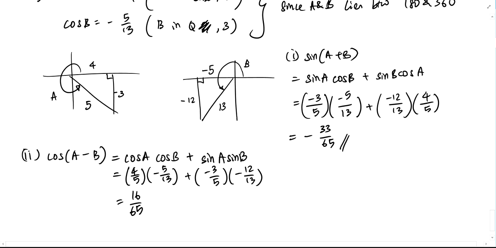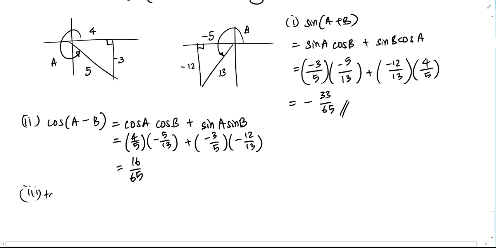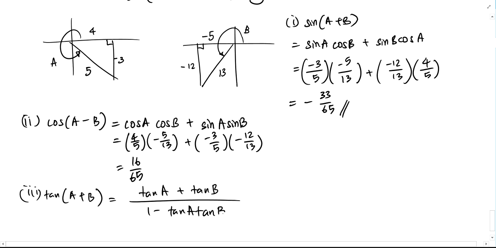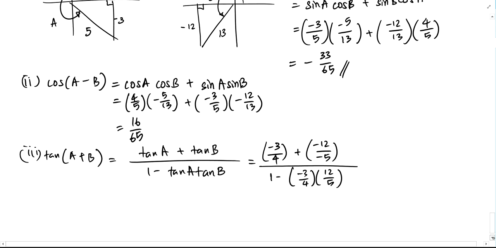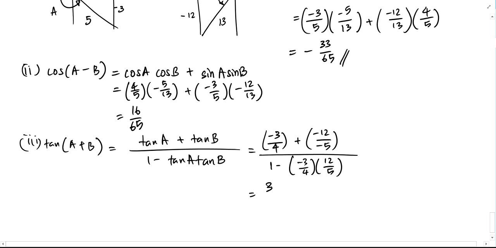And for the third one, tangent A plus B. So tangent A, we follow the sign, plus tangent B over 1 minus tangent A tangent B. So from our triangle, tangent A, the adjacent, 4 over, opposite over adjacent, so negative 3 over 4, that's our tangent A, plus our tangent B, opposite, so negative 12 over negative 5, divided by 1 minus, the same fractions are being copied down, so negative over negative is simply positive, and this gives me 33 over 56.